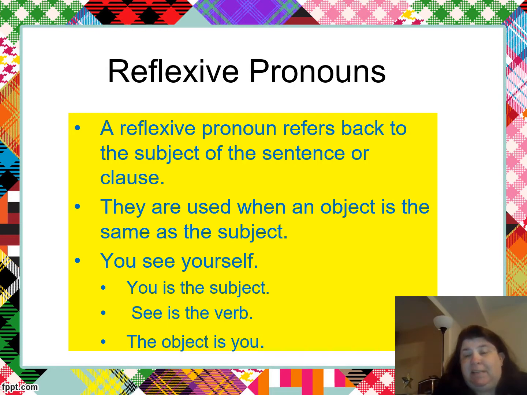So if we look at this sentence right here, you see yourself. You in this sentence is our subject. See is our verb. And then the object in the sentence is yourself. You see yourself. So yourself is referring back to you.